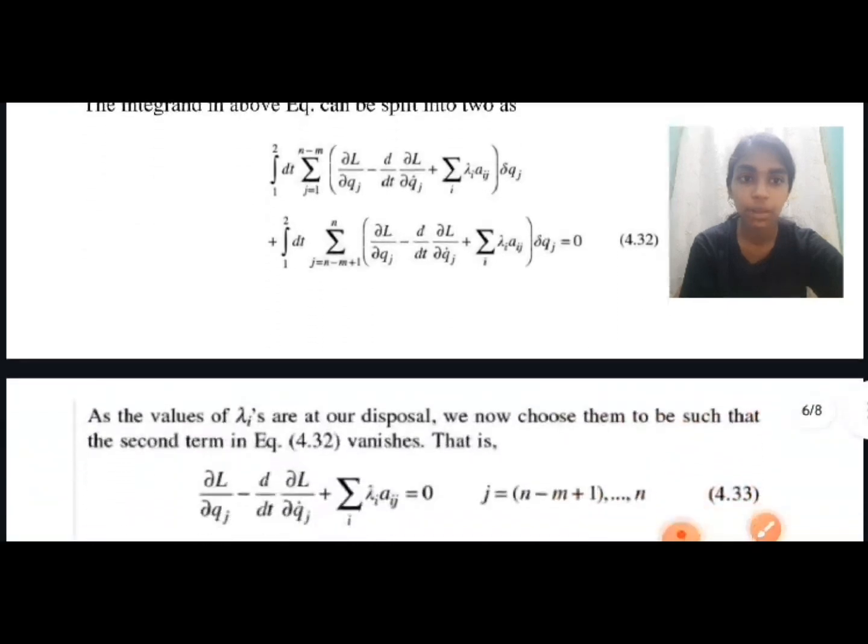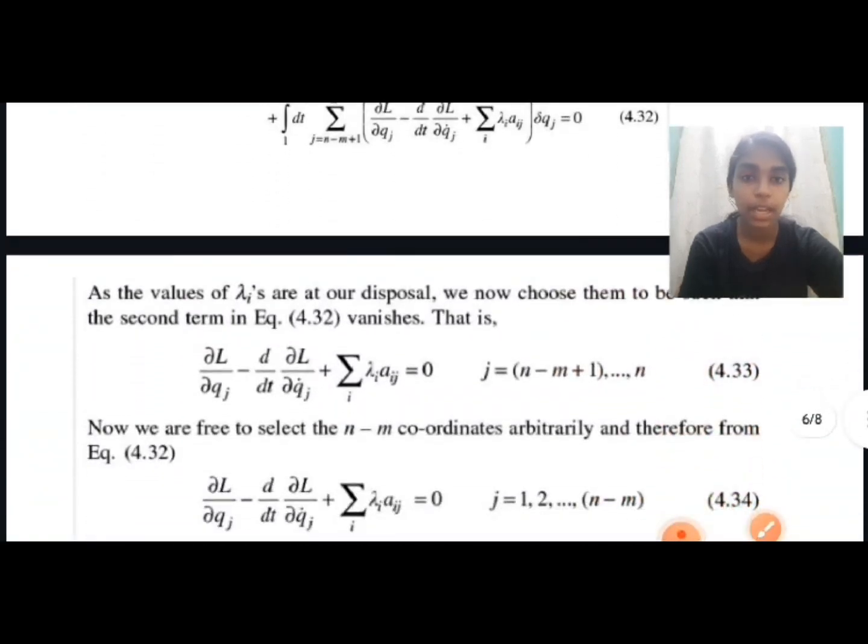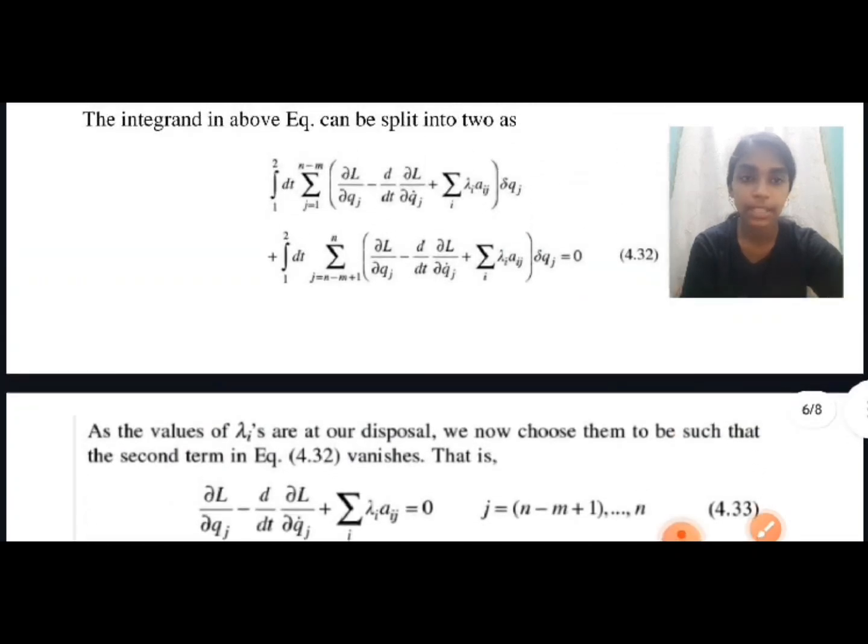As we know that the values of the λi's are at our disposal, the second term vanishes, that is, it becomes 0.